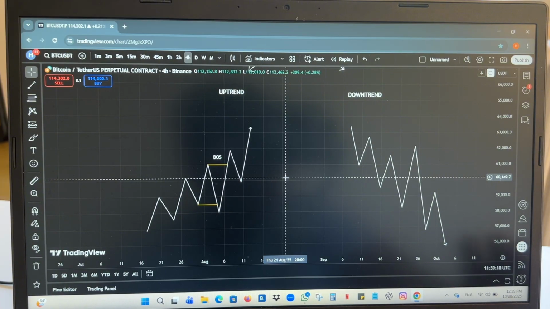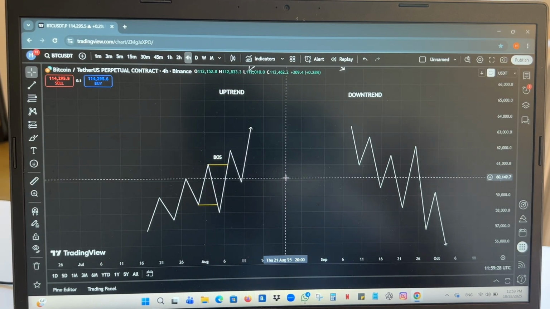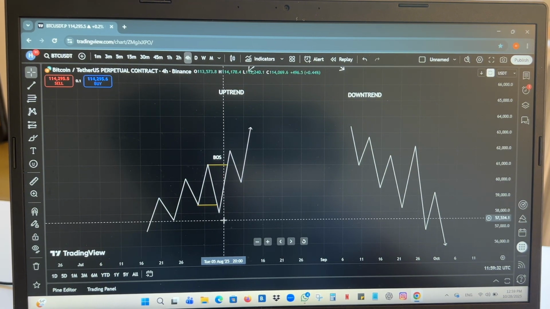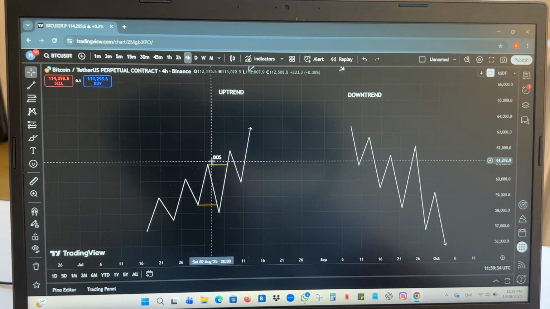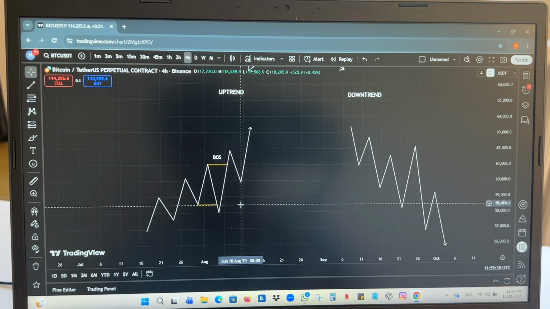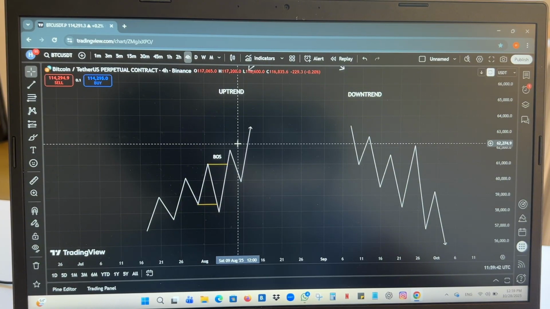So this is the BOS. We are not getting into deeper stuff in break of structure. I'm just telling you how to identify a break of structure. So in an uptrend, you wait for a break of a previous low, basically a high low, and we wait for the confirmation.